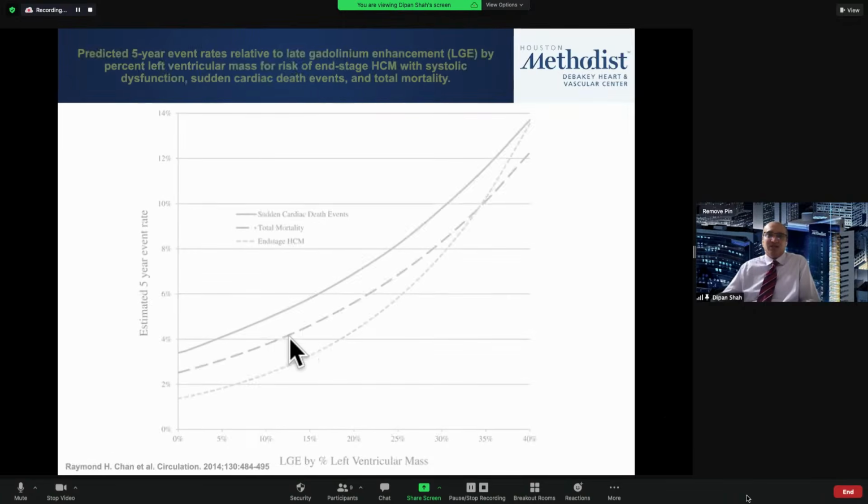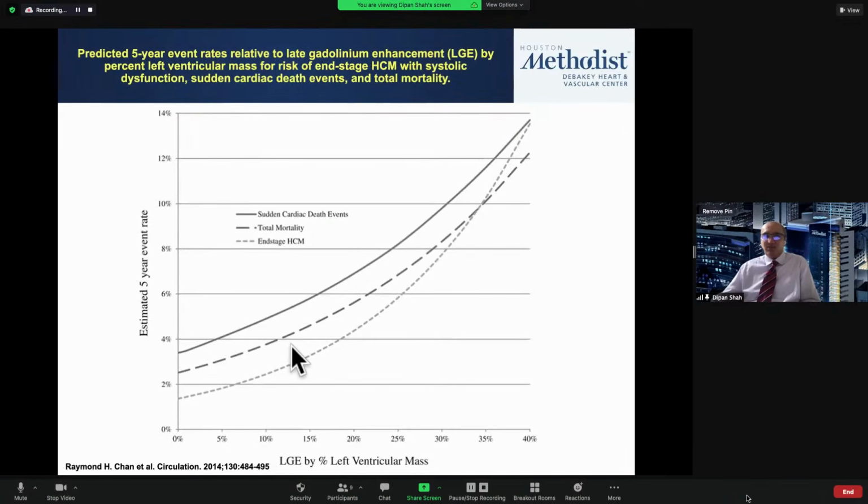They also found that in addition to sudden death, patients with a larger scar burden had an increased risk of end-stage heart failure death as well. So total mortality was driven both by sudden death as well as heart failure death. And again, there's a progressive relationship with increasing scar associated with worse outcome.